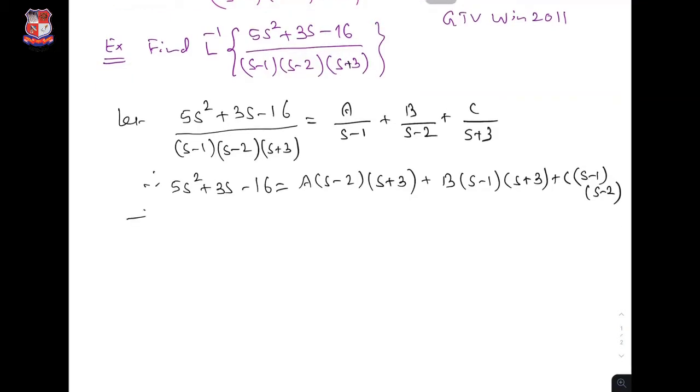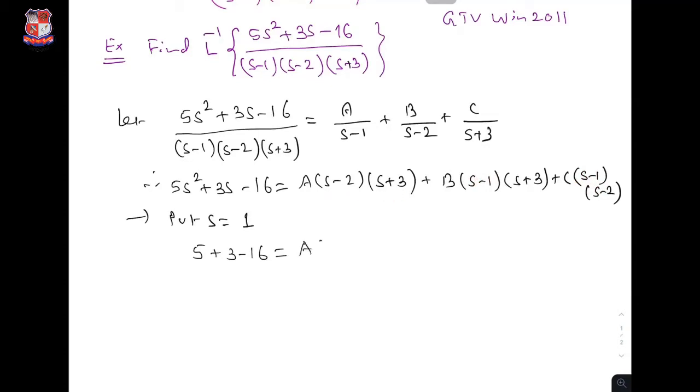Now we can select some values of s and find out A, B and C. If we select s equal to 1, then on the left side we have 5 plus 3 minus 16, and when s is equal to 1, this part is not there, this part is also not there because of s minus 1, so only this part is there.